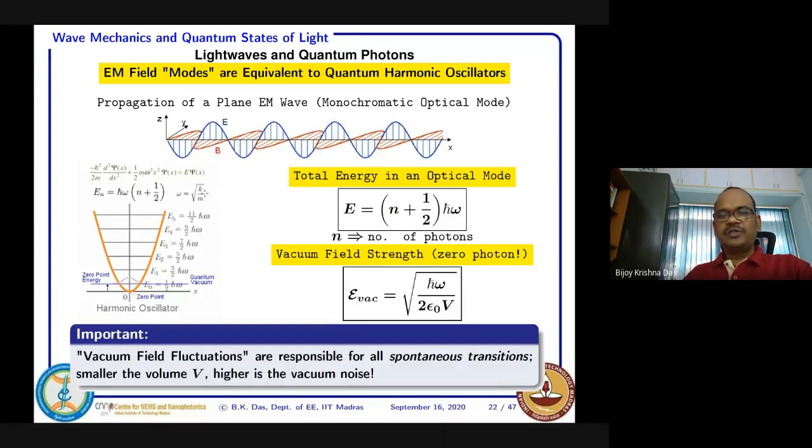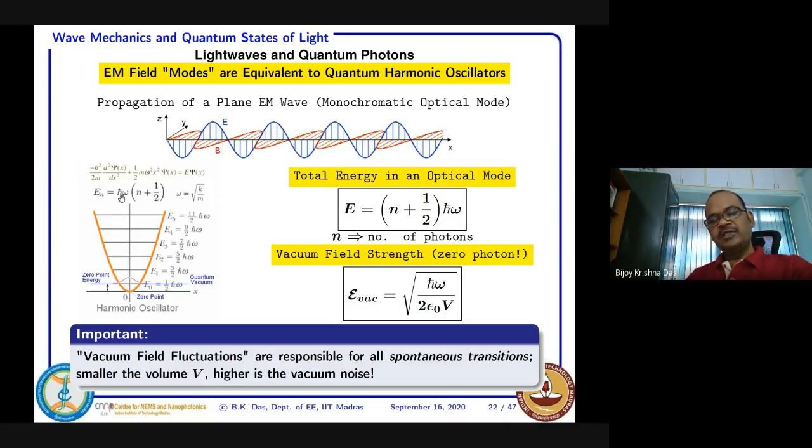Then it stores some potential energy, half kx square. In terms of omega, if you replace that k value, it becomes half m omega square x square. So this omega is the characteristic frequency of simple harmonic oscillations, the oscillation frequency, if it is just sinusoidal oscillation.